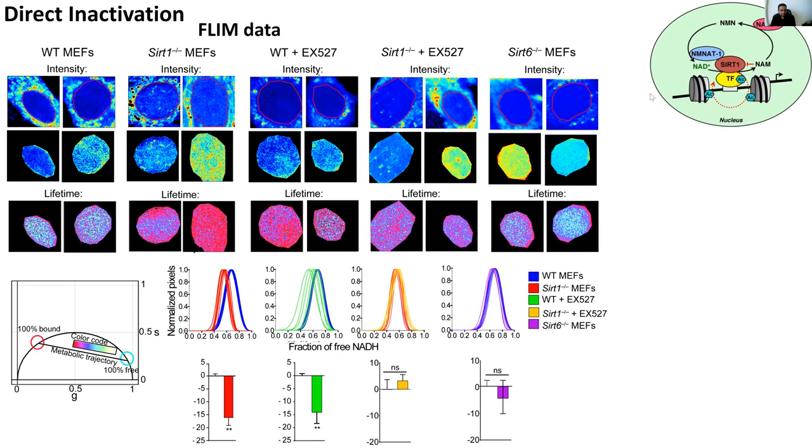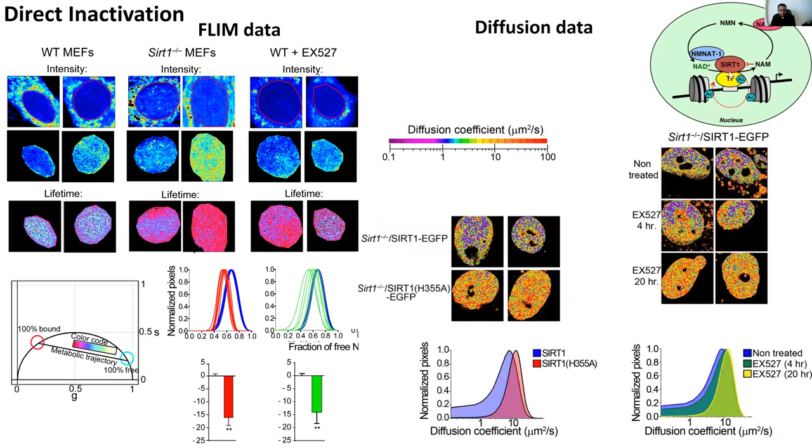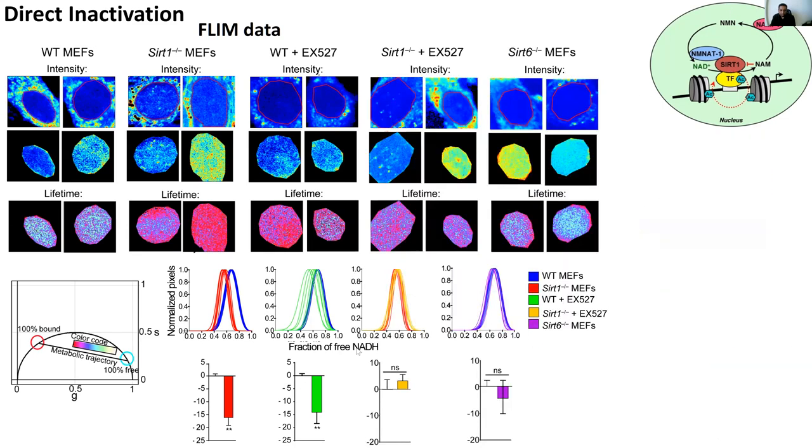However, if we add EX527, which would block the SIRT1 activity, we see slowly it's going in a similar manner as the SIRT1 negative cell. However, if we add it to SIRT1 negative cells, which shouldn't matter, it doesn't. We don't see any changes. And SIRT6 negative cells, which is not in the nucleus, which is not a part of this, there is no change compared to the wild type.